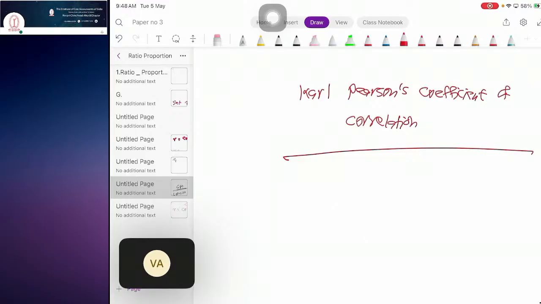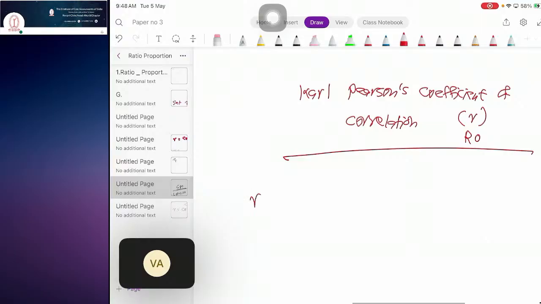It is denoted by the letter R. Actually it is called rho. उच्चार करताना rho असा करायचा, but it is written as R. Karl Pearson's coefficient of correlation is denoted by R.